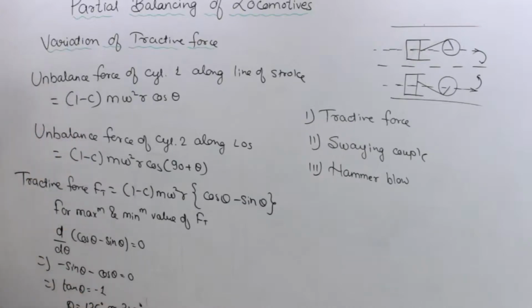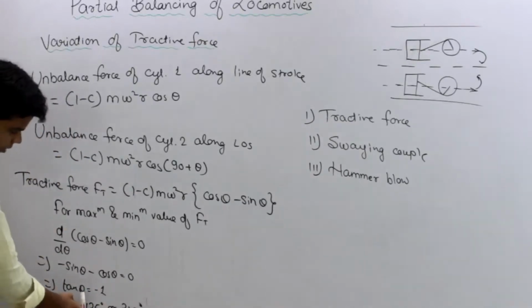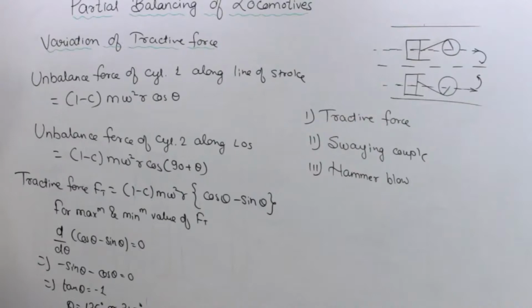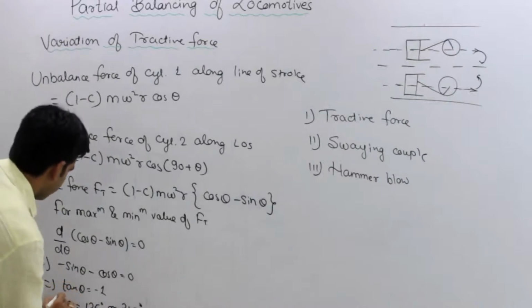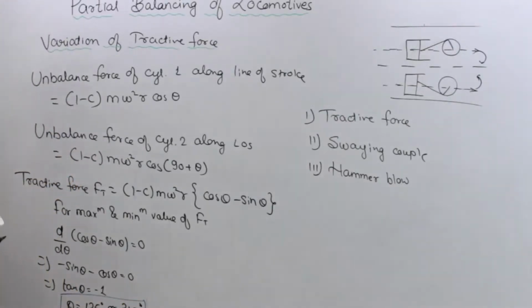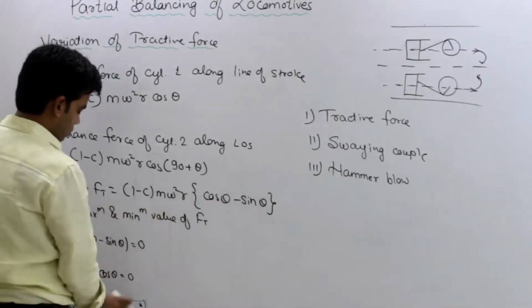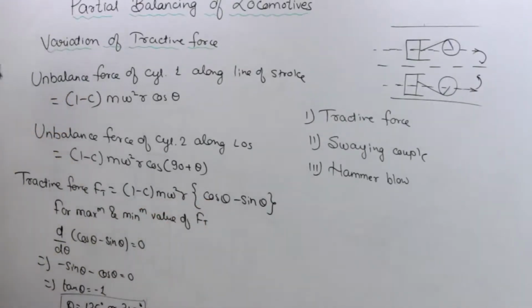So tan theta is minus 1 at 135 degree and 315 degree. These are two values of theta, so from here we can calculate the maximum and minimum value of tractive force. Just put the value of theta as 135 or 315 degree.